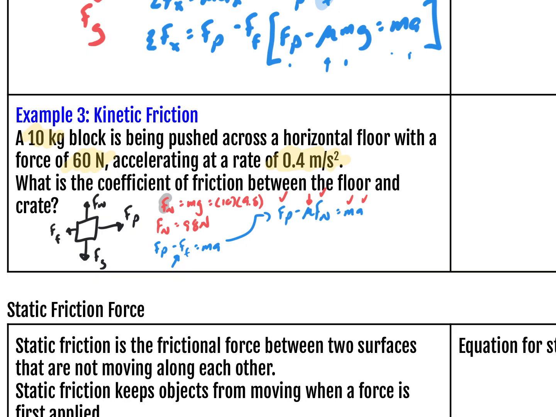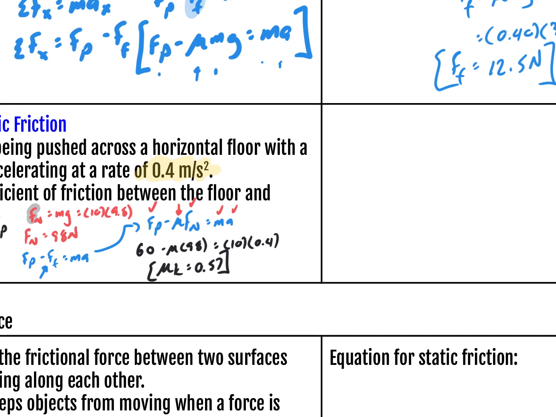So to finish this off, looks like the push is 60. This is 98. The mass is 10. And the acceleration is 0.4. A little bit of number crunching gives you a value of about 0.57. And something to remember, the coefficient of friction is a unitless ratio.